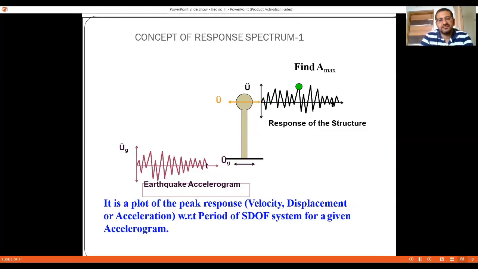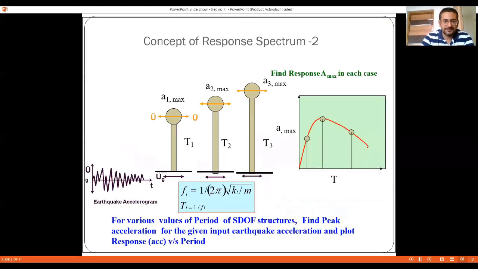This peak response can be calculated in terms of velocity, displacement, or acceleration. So it can be a graph of acceleration versus time, velocity versus time, or displacement versus time, with respect to the period of a structural single degree of freedom system for a given accelerogram.